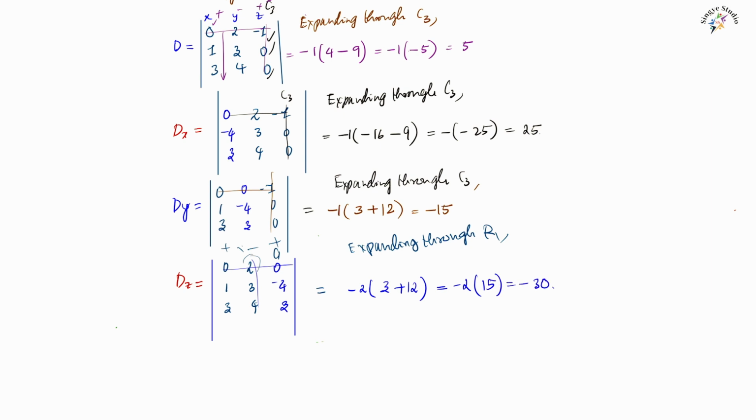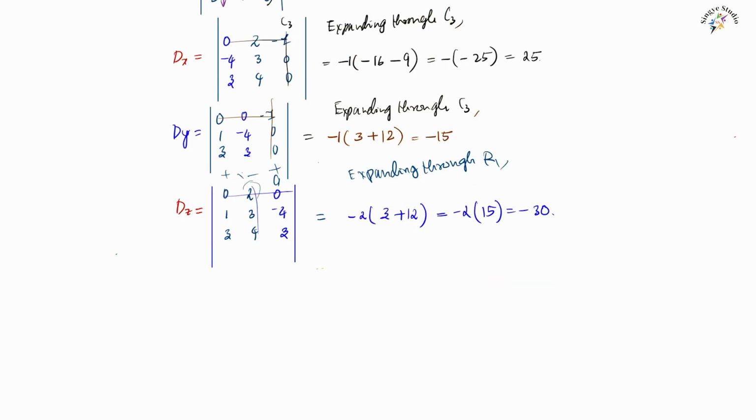Now we have got the values of Dx, Dy, Dz, as well as D. Cramer's rule says that to get the value of x, we have to just take the ratio Dx upon D. So our Dx is positive 25, then our D is positive 5, so it is just 5. Then our y value is Dy upon D, which is negative 15 upon 5, so it will be negative 3.